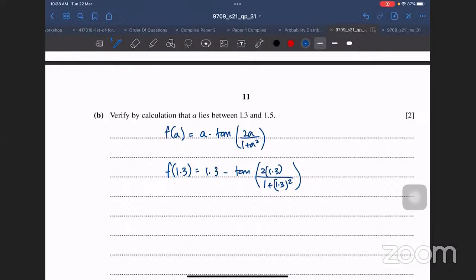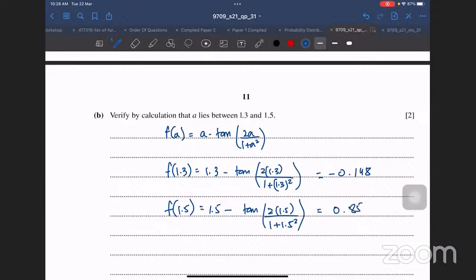My calculator needs to be in radians. Tan of 2.6 over 1 plus 1.3 squared.